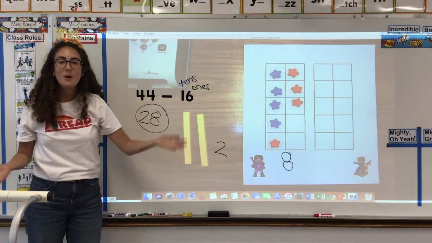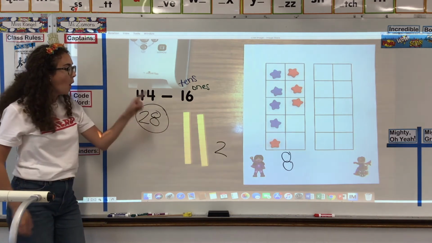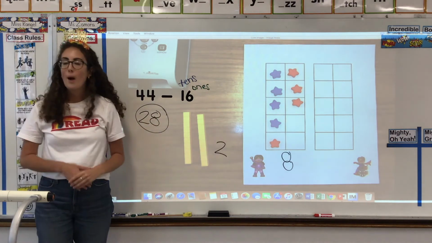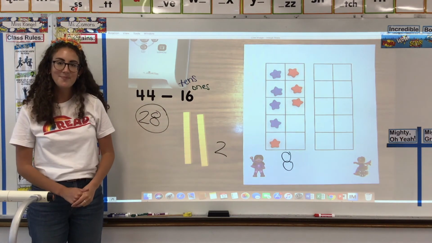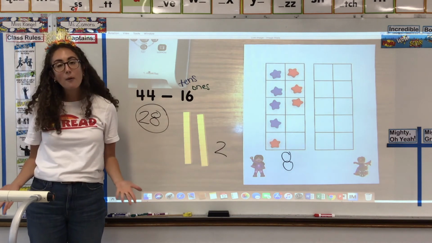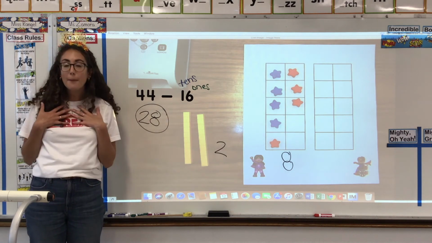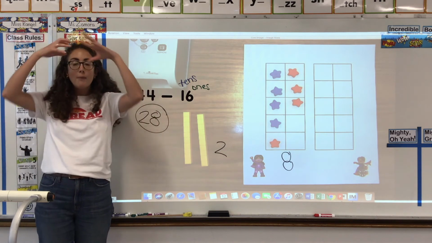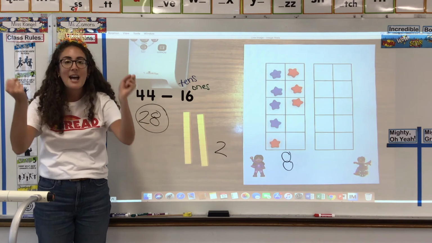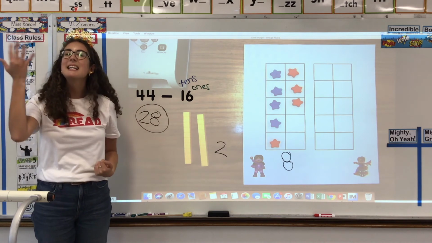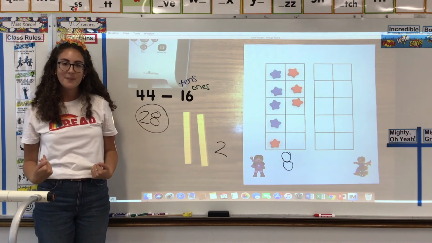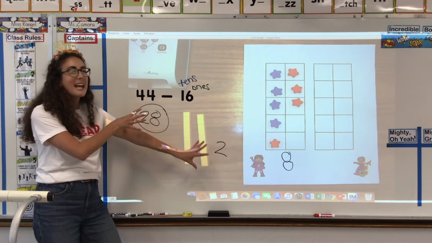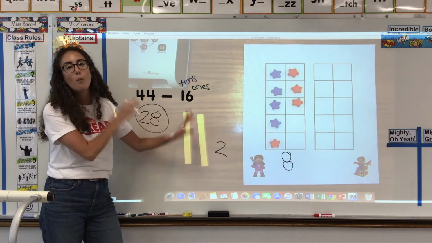So in total, what we had left over was 2 tens and 8 ones, which is 28. So this is how we can clearly explain the steps that we used to subtract and solve this problem, from unbundling to subtracting ones and subtracting the tens. All of you do such a great job with place value that it plays into how you subtract.